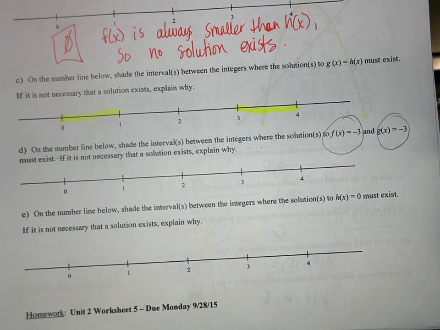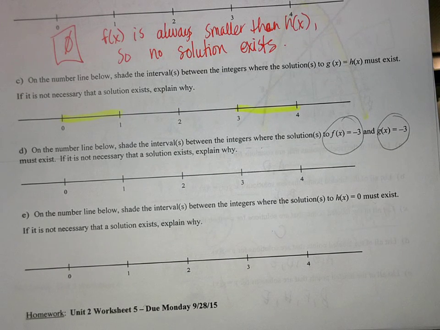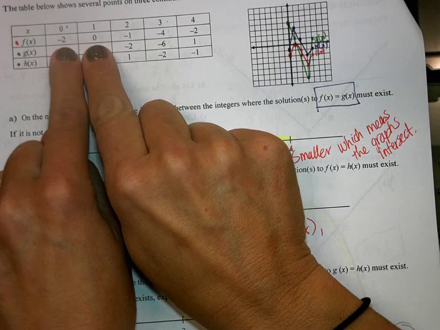Okay. So let's start with f of x. They're wanting to know, where is there a point where f of x will end up being equal to negative 3? Okay. So, is negative 3 in between negative 2 and 0?